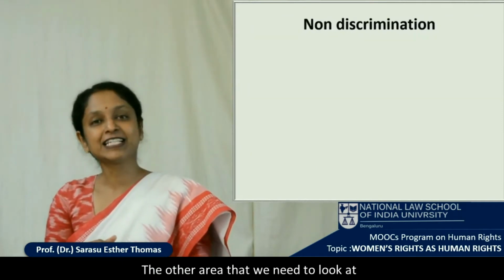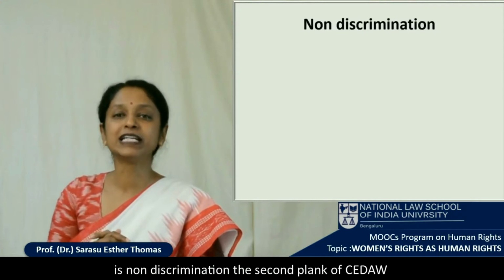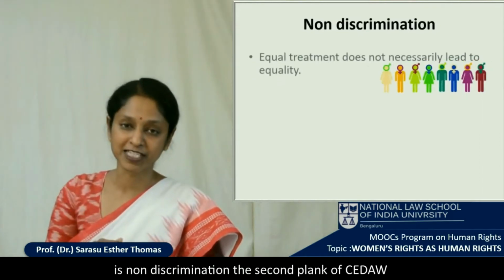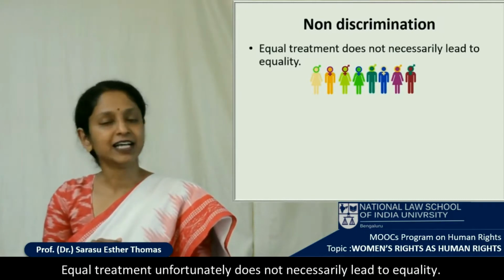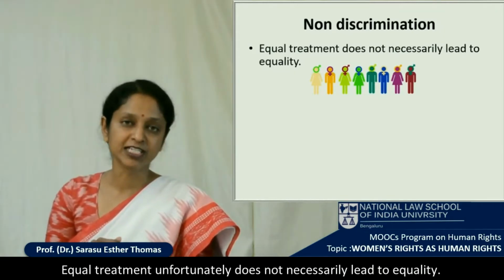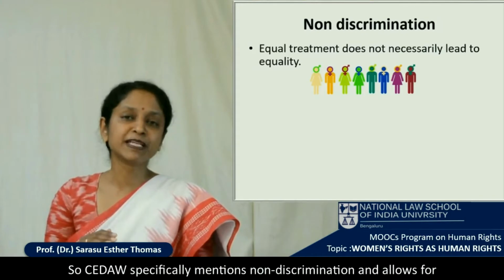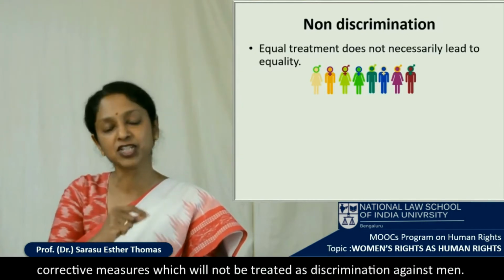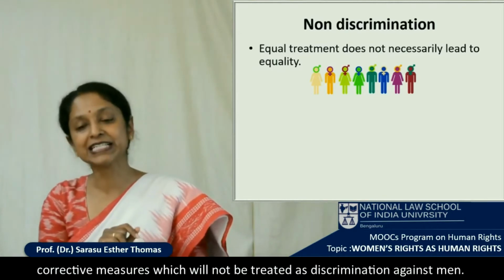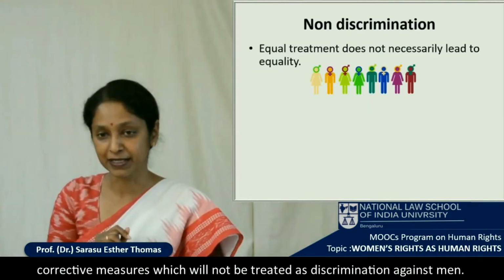The other area that we need to look at is non-discrimination, the second plank of CEDAW. Equal treatment, unfortunately, does not necessarily lead to equality. So CEDAW specifically mentions non-discrimination and allows for corrective measures which will not be treated as discrimination against men.